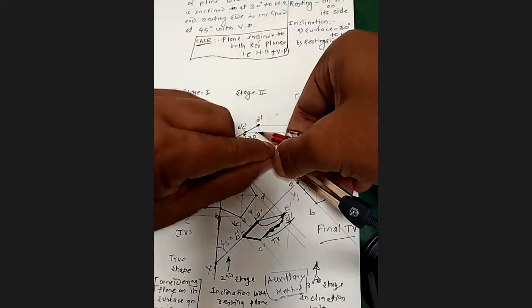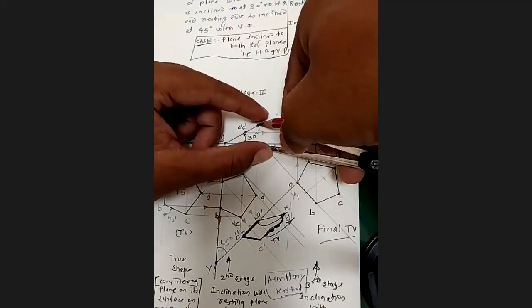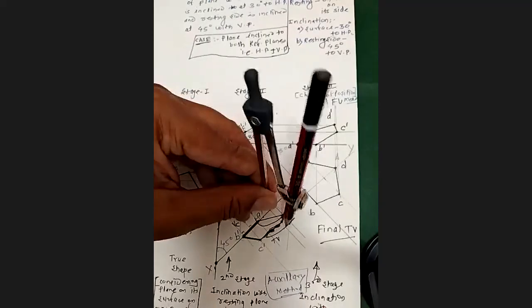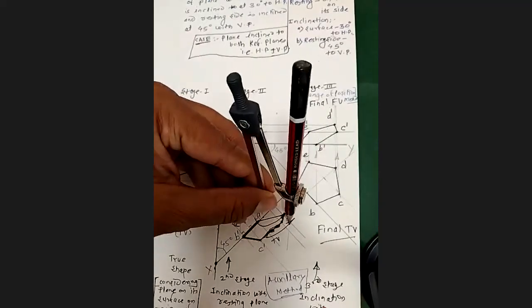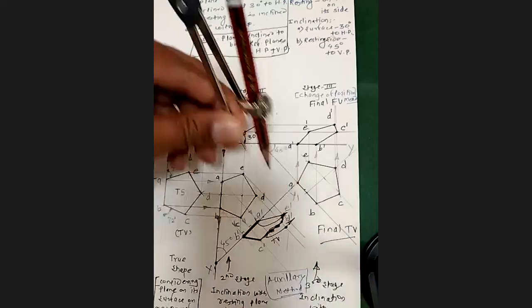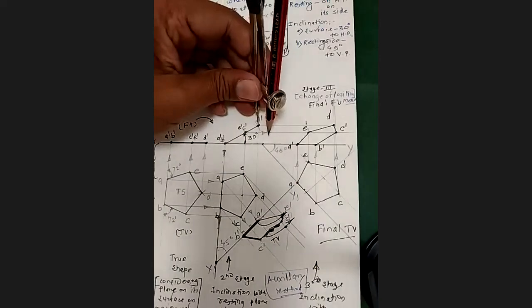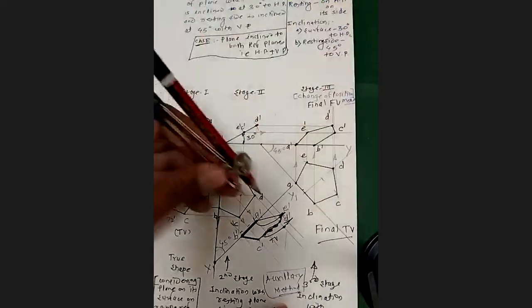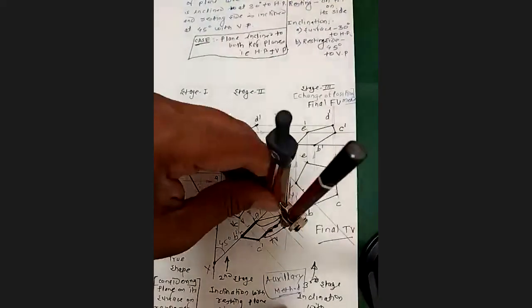I'm taking this distance on an extension of this D. Yes, this D point is going to be here, because this much is the distance of point D. That same distance we are going to project by taking it from this point. So it is going to be the point here.